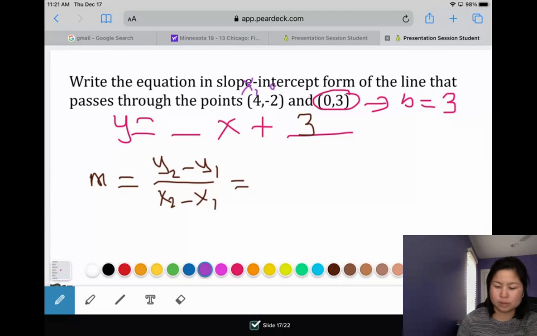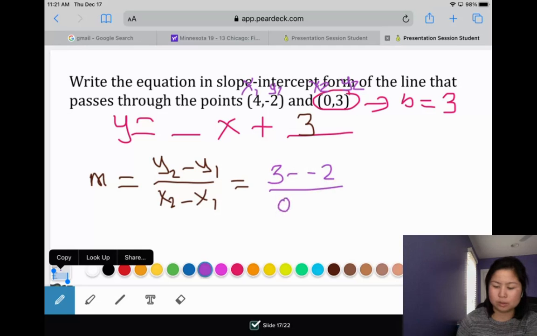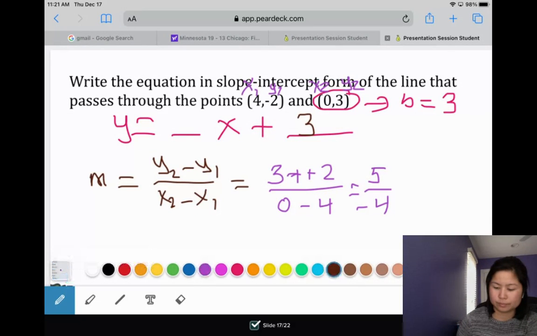So x1, y1, x2, y2. So 3 minus -2 over 0 minus 4. So 5 over 4, sorry, -5 over 4.